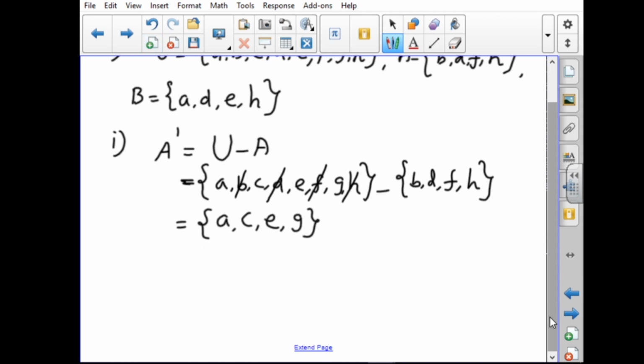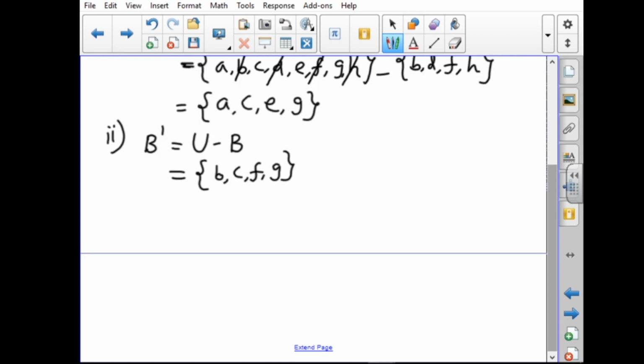So the same way you have to find B dash. B dash is equal to universal set difference B set. Okay. So what do you get? Directly I can write. So B, C, F and G. Okay. Then next one.